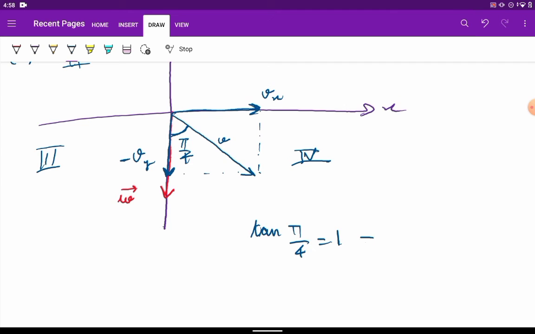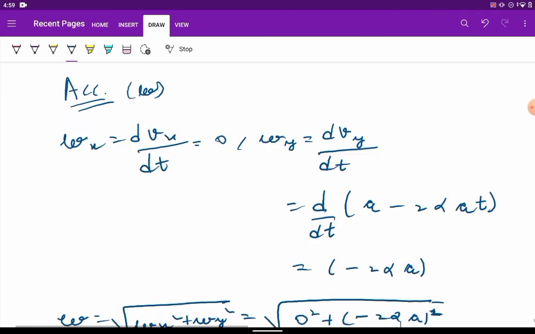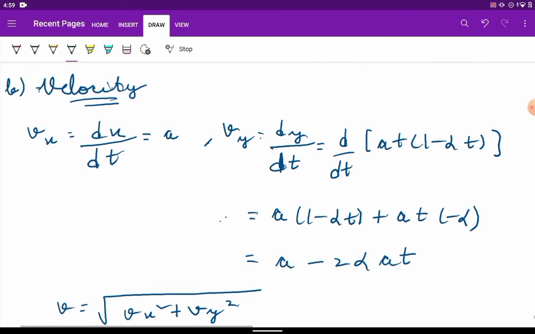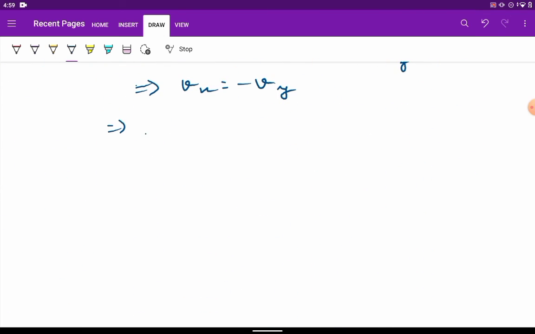So tan pi by 4 is the height, which is Vx, by the base, which is minus Vy. So Vx is equal to minus Vy. Now Vx is a, and Vy is a minus 2 alpha a t, so a is equal to minus a plus 2 alpha a t.